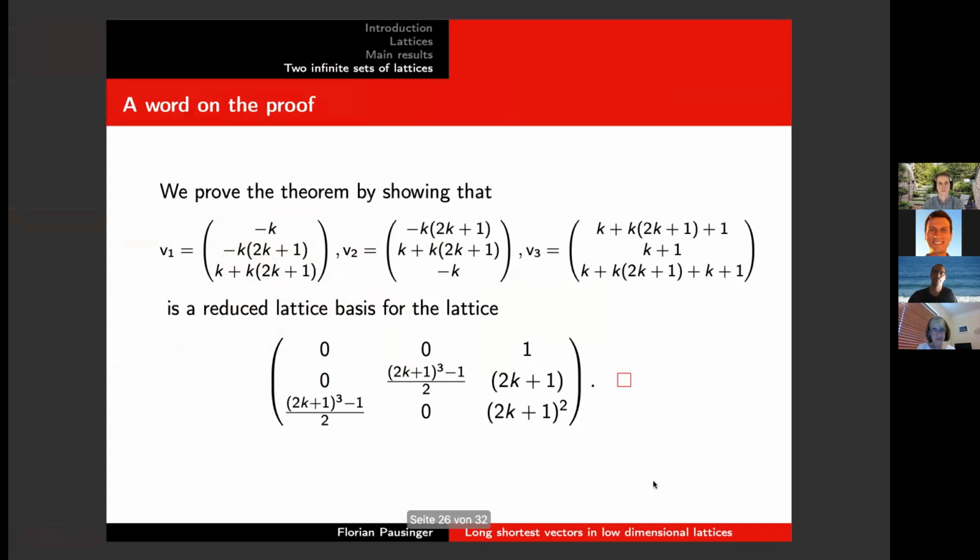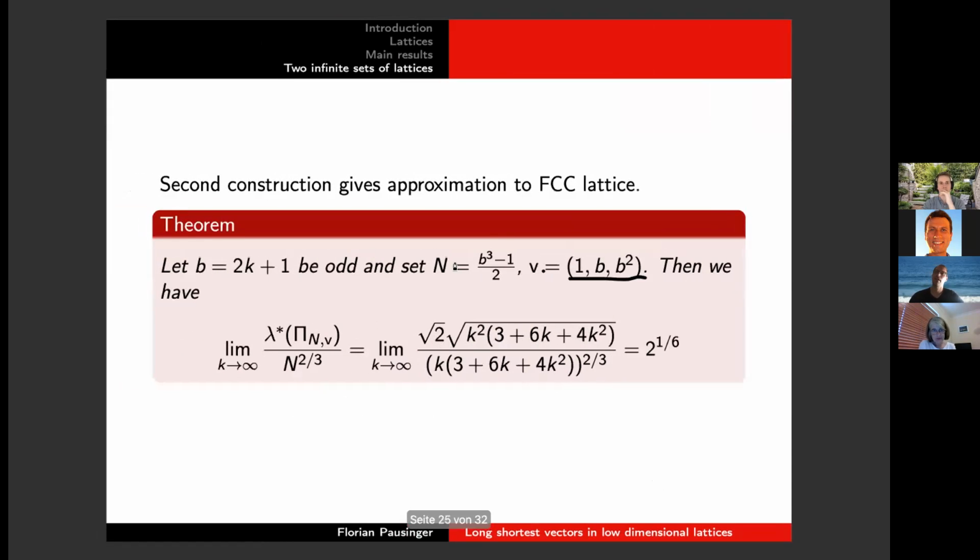And the proofs are not that difficult. The really hard part is to come up with the lattices in the first place. So let me go back. I have shown you this lemma that gives you a generic basis for my point sets. And now we basically have to reduce this generic basis to a Minkowski reduced basis.